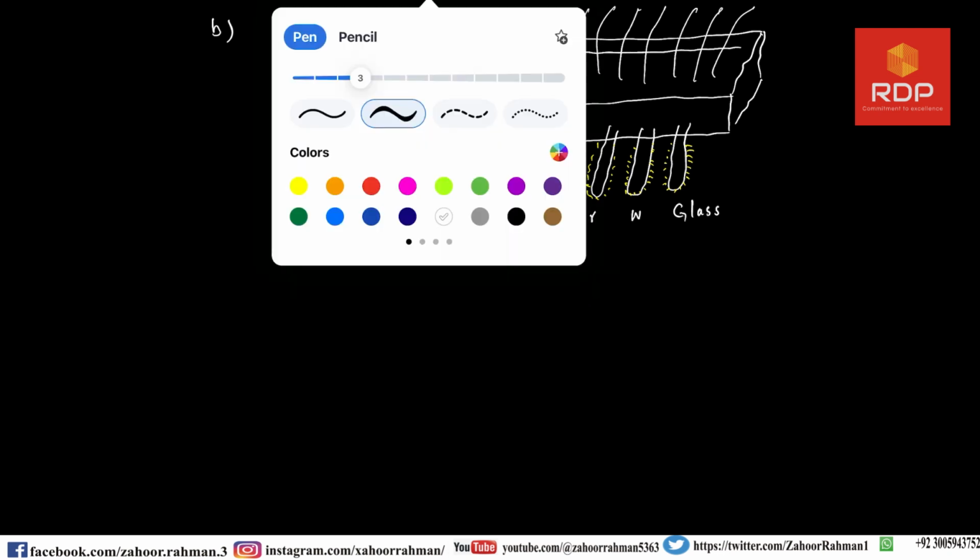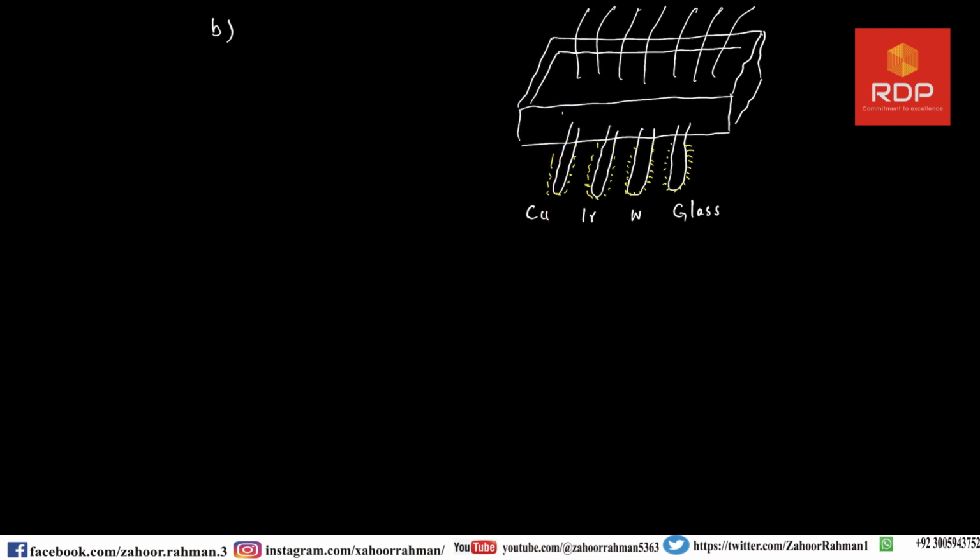Let me make it red so it will come, for example, up to here. Iron will be a bit less than this one, wood will be very little, and glass also will be a smaller portion.